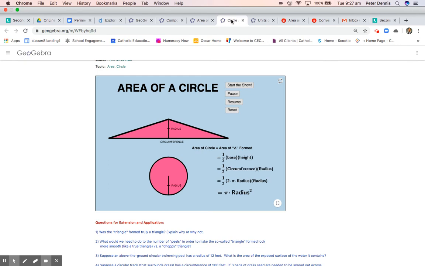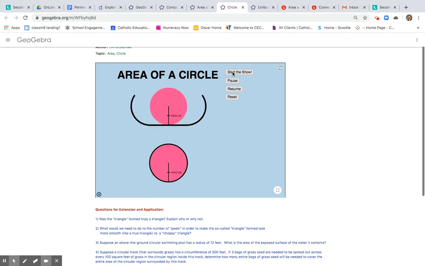Let's have a look at another way people can do it. If we just stop there, did you see what happened first? We're going to peel this circle down. Here's the circle, and the first thing is that the circumference goes to the bottom here. Let's start it again and see.